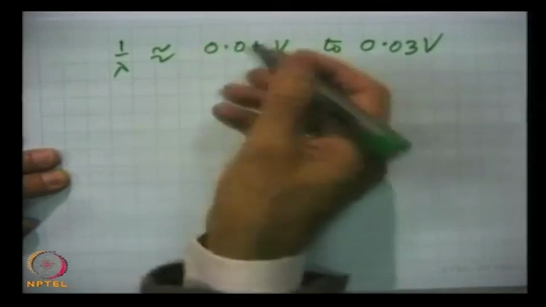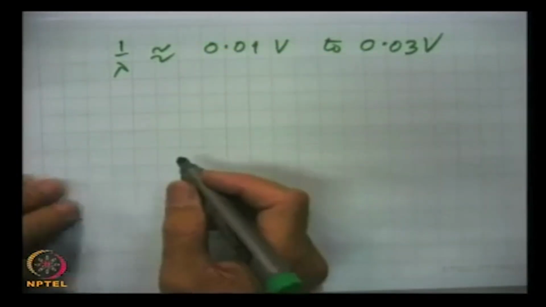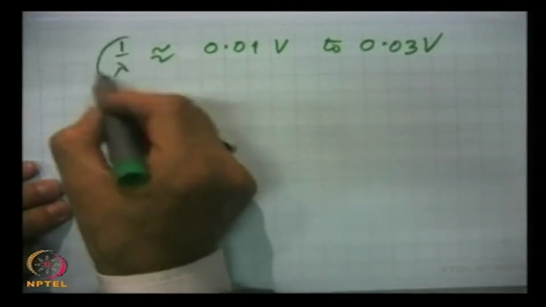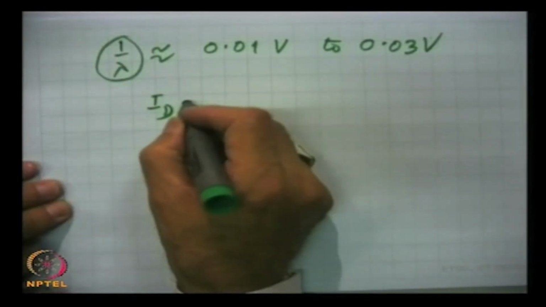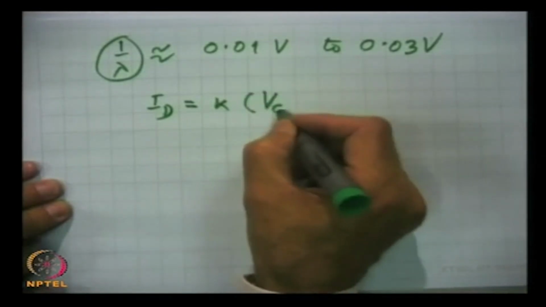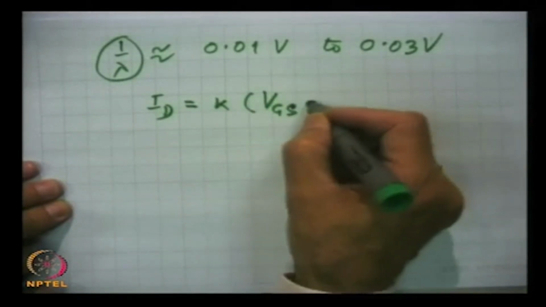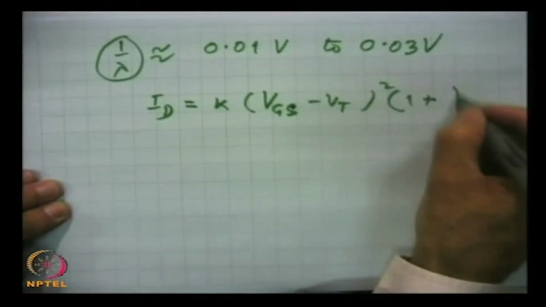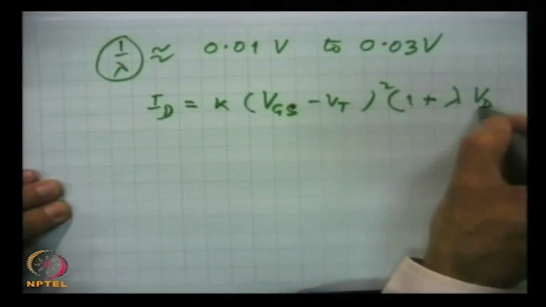Of course, this is on the negative side, and the ID dependence, when we consider this Early voltage, is K (VGS minus VT) squared (1 plus lambda VDS).